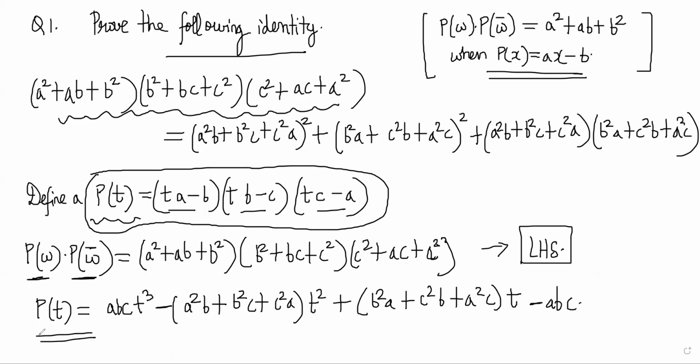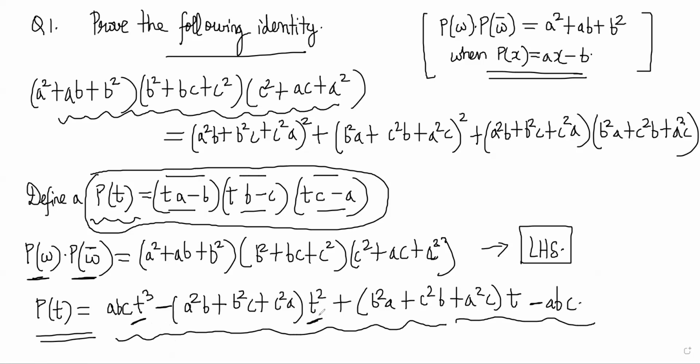This is actually my p of t, right? How did I get this expression? I have just done basic algebra on this polynomial. I have multiplied it out and collected all the terms in the decreasing order of powers of t, right?